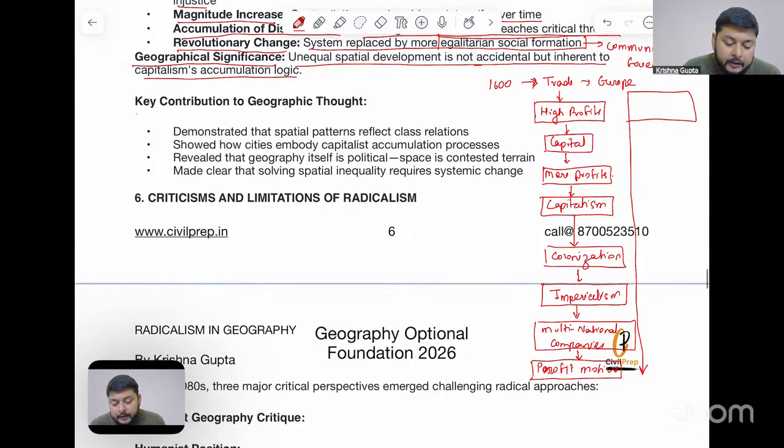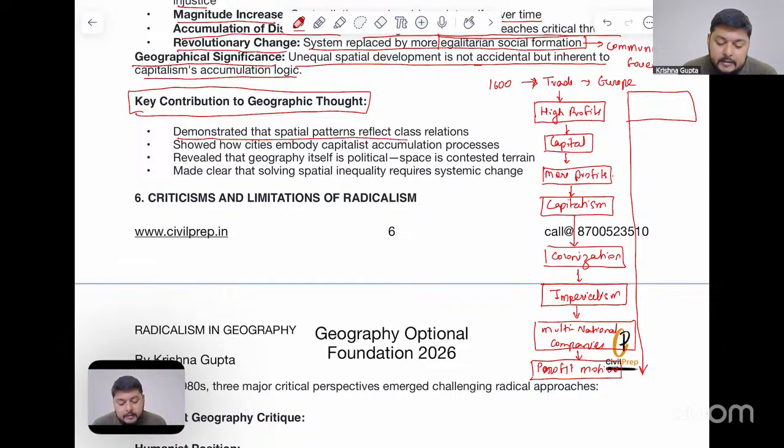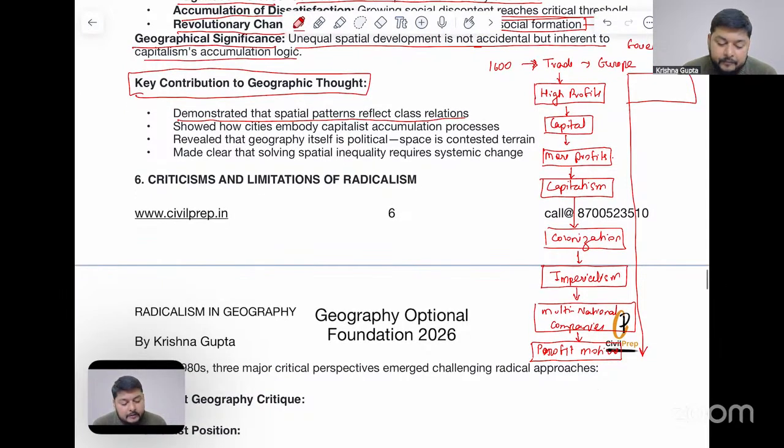Now, the key contribution of the Marxist approach to geographical thought. It demonstrated that spatial patterns reflect class relations. It showed cities embody capitalist accumulation processes. This is also true. It revealed that geography itself is political; space is contested terrain, which we have seen in the form of imperialism and colonization.